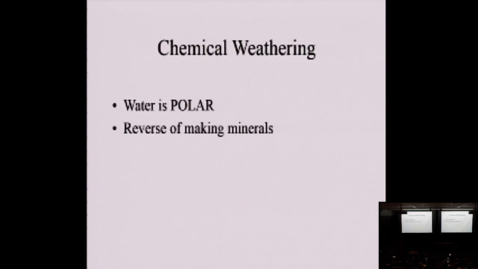Water is polar, which means one side is positive, one side is negative. So water, when it falls as rain, can attach to a rock with its positive side and rip off an ion that would be negative were it in solution. And with equal ease, it can attach with its negative side and rip off an ion that would be positive were it in solution. So water is very good at chemically weathering away rocks.